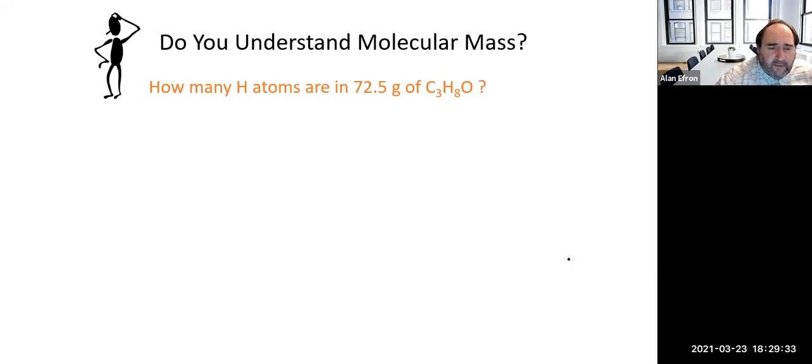In this particular one, we're interested in how many hydrogen atoms there are in 72.5 grams of C3H8O. In this particular case, we're not interested in the entire thing here. We're interested in just the hydrogen atoms and not the whole thing.